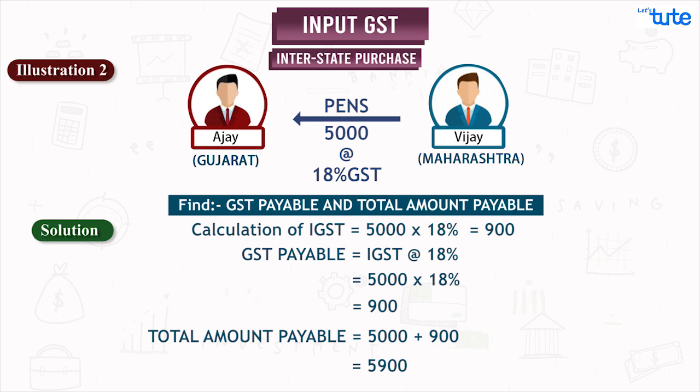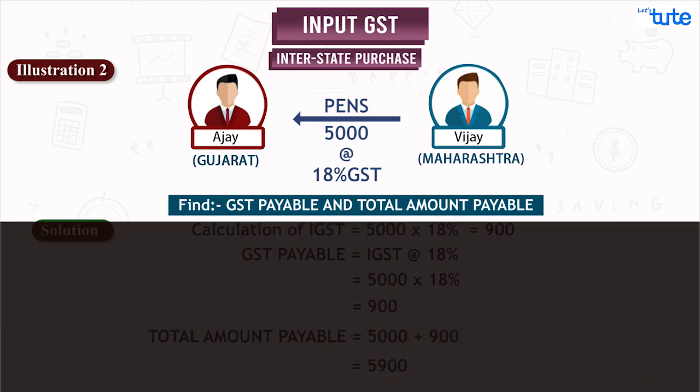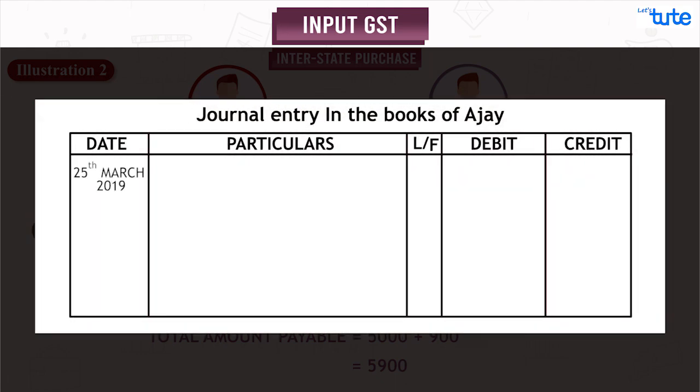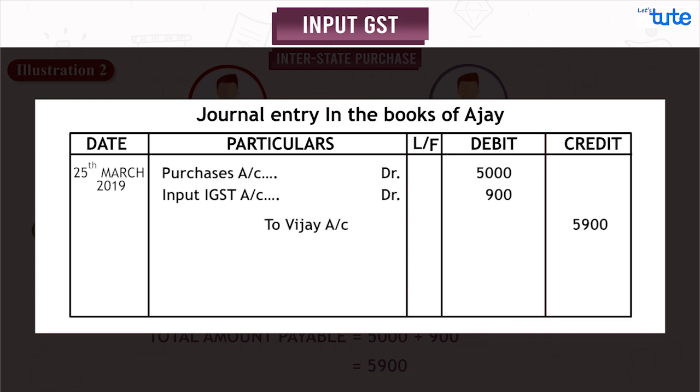Only instead of CGST and SGST, there would be IGST. So the entry would be, in the books of Ajay, 25th March 2019, purchases account debit 5,000, input IGST account debit 900, to Vijay account 5,900. Being purchases of pens at 18% GST.